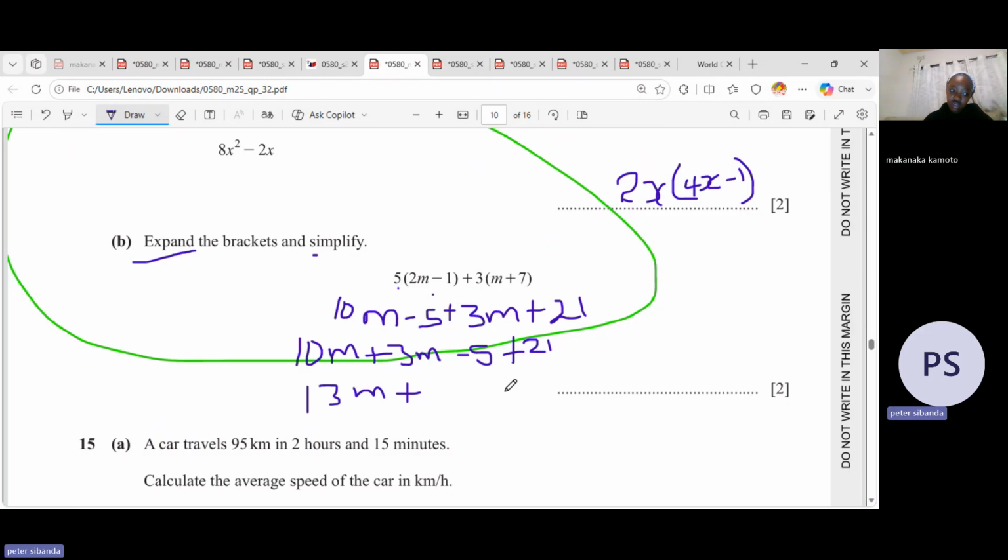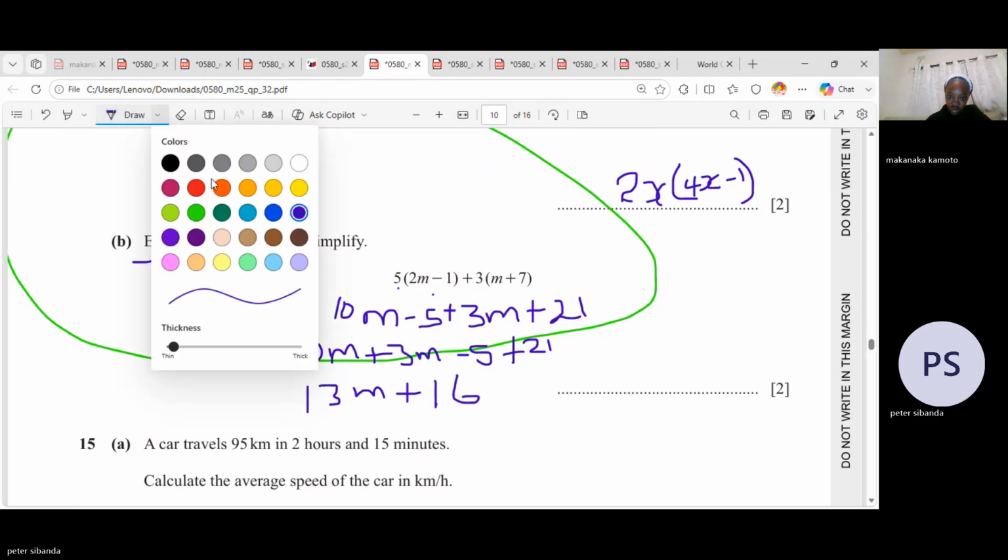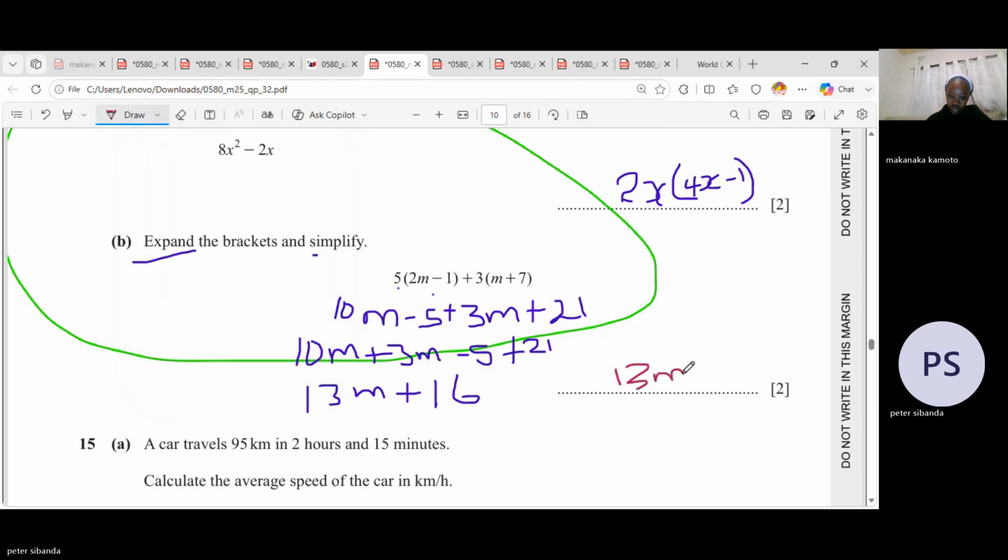Then we say bigger number minus smaller number. The bigger number is 21, the smaller number is 5. 21 minus 5 is 16. Therefore, the answer is 13m plus 16.